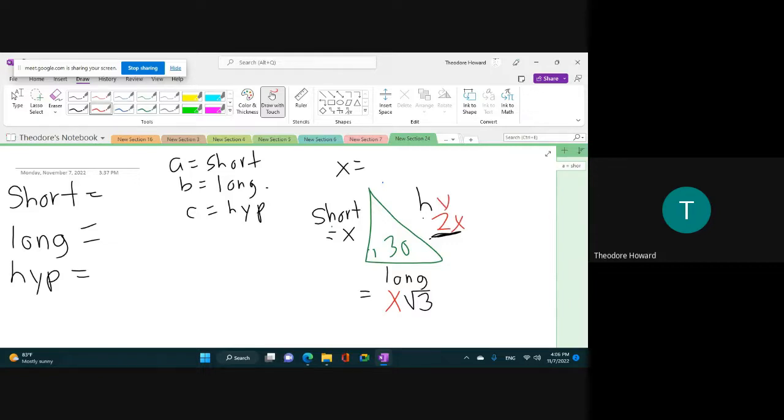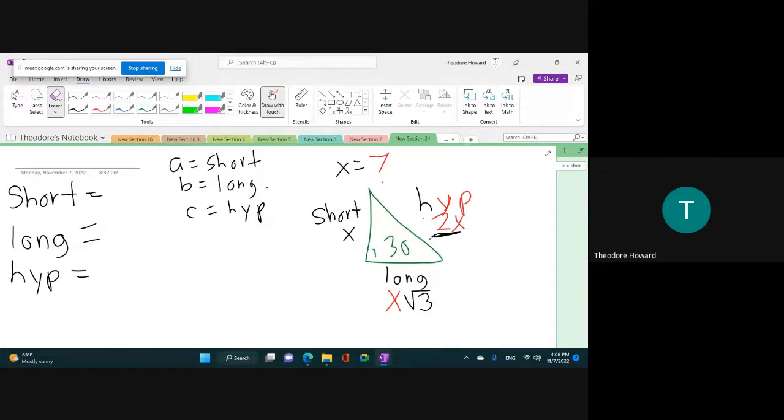All right. So what if I was to say that the short side was 7? I want you guys to tell me what the short leg's going to be, the long leg and the hypotenuse. Ready? Let's do it.